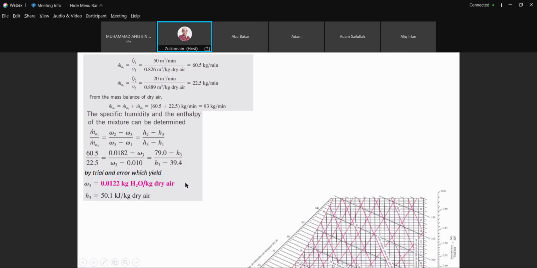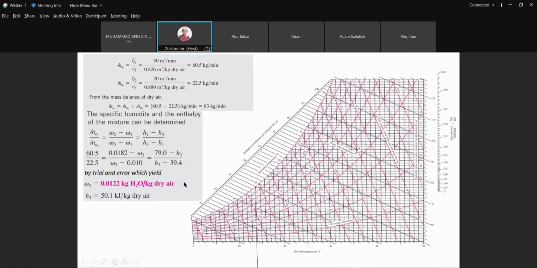Right? So we just sketch. This is sketching again, 14 degrees, state 1, and then at 32 degrees at 60%, state 2. And then we are going to combine these two points and plot our H3 and omega 3. So based on H3 and omega 3, the omega 3 is 12.2 gram over kilogram H2O.